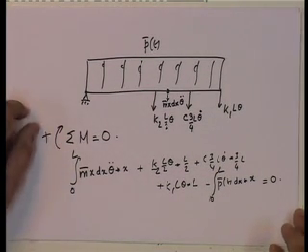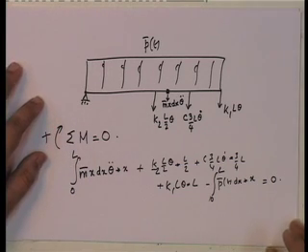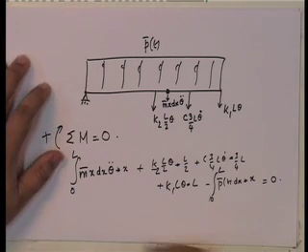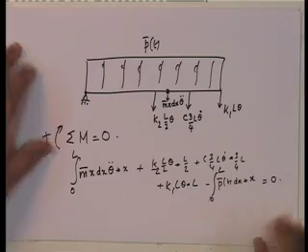Now m bar is a constant, so I can take m bar outside, and I am going to rewrite this on another sheet for cleanliness. If I do this, what do I get?